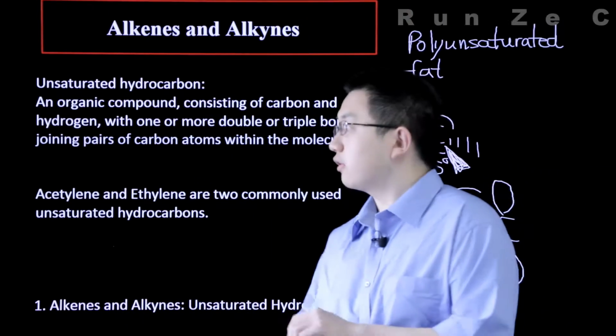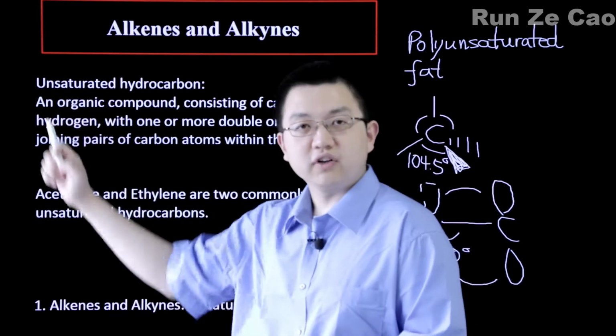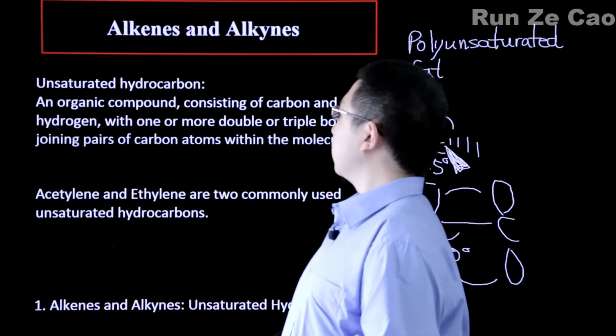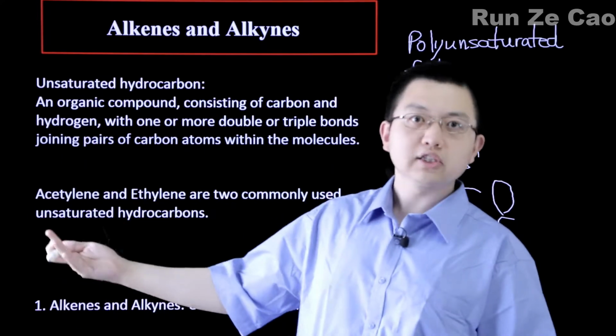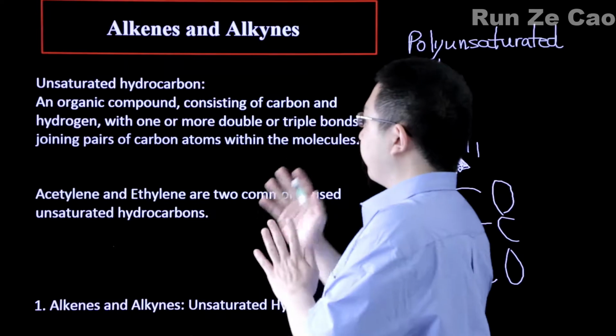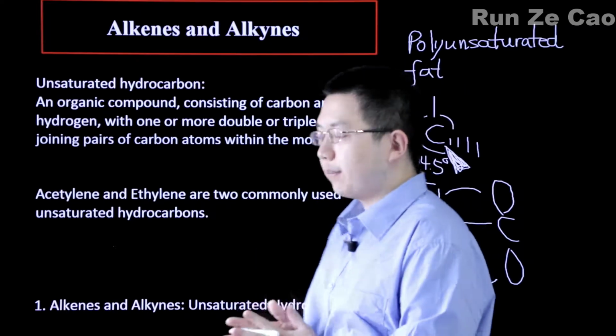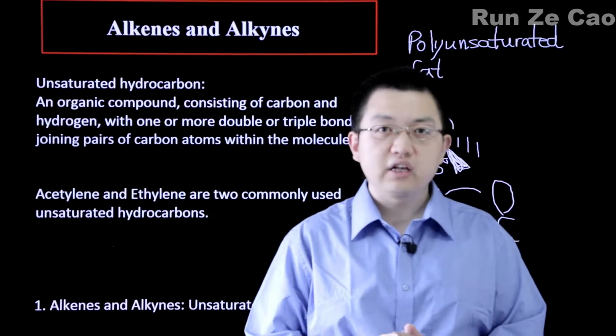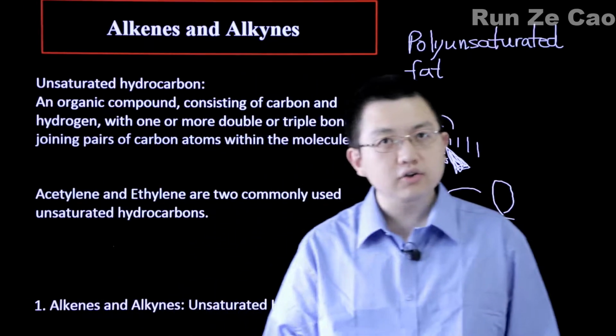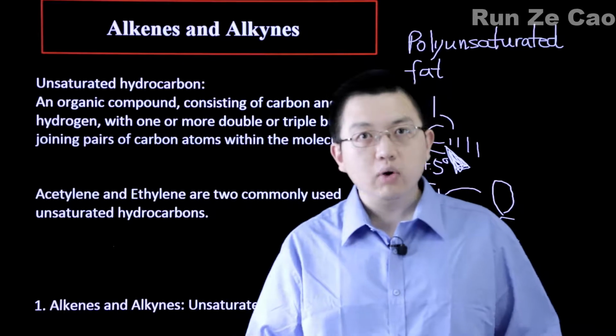Now, the definition of an unsaturated hydrocarbon is here. A hydrocarbon has carbon and hydrogen, clearly just carbon and hydrogen, and it has 1 or more double or triple bonds. Saturation is an idea that existed long before people understood how chemical bonds worked.